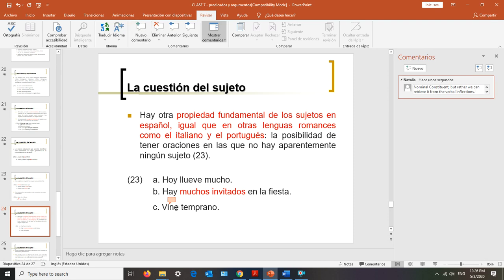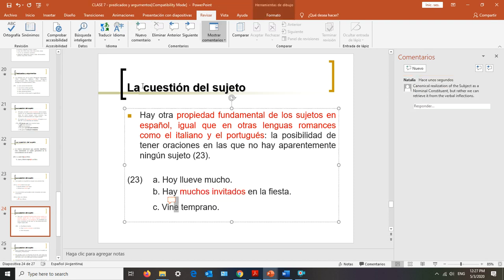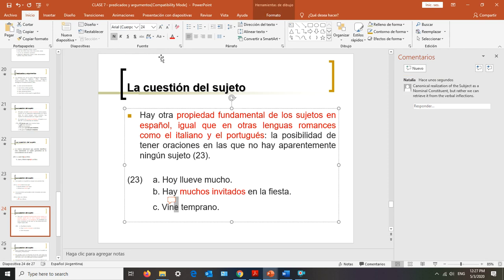So we can understand that it is a yo that we're talking about given the inflectional features of the verb that we have here in use.